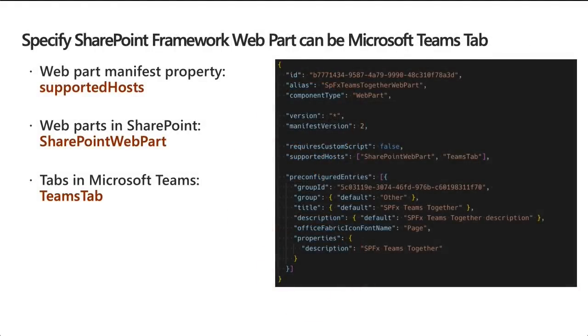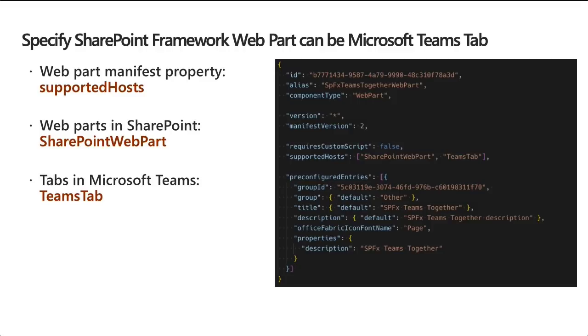So here's where you're going to specify the web part can be a Teams tab. The code block that you see there on the right, that JSON, is a manifest file for a SharePoint Framework web part. So everything there looks very familiar except for one line right in the middle that says supported hosts. This was introduced into the SharePoint Framework in version 1.8, and this can include a couple different options.